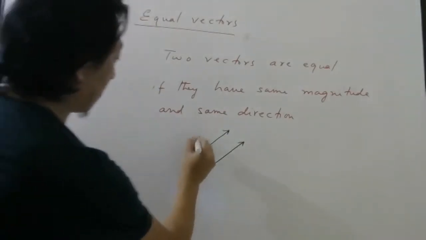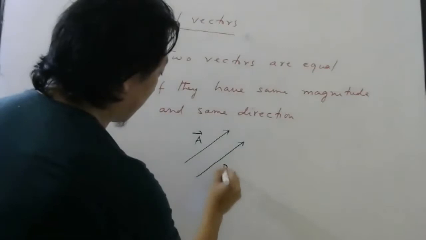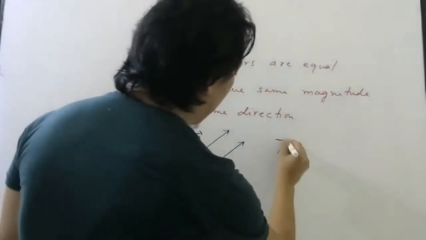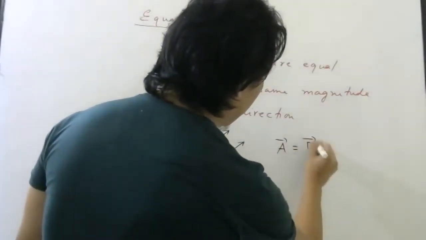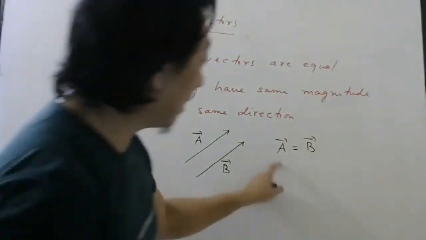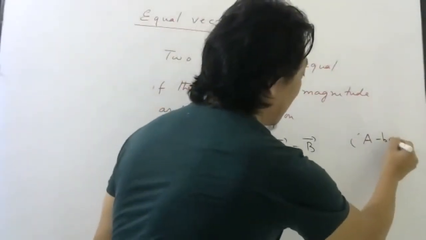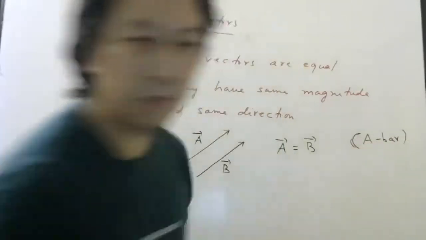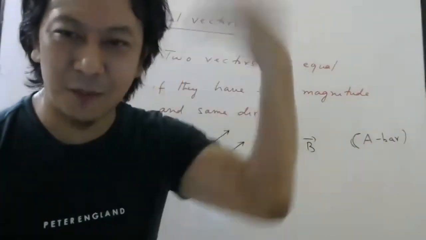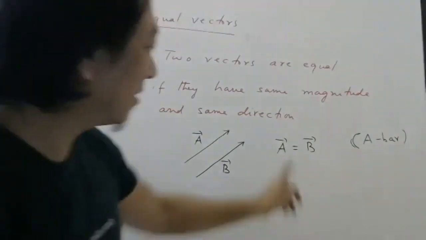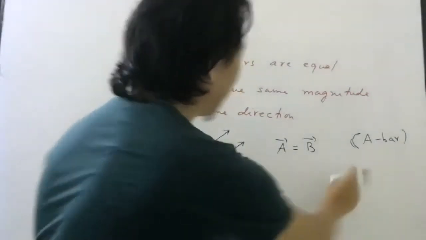So if this is A bar and this is B bar, then you can write A bar equal to B bar. While talking, we say A bar, but we write A with an arrow mark on top. So A bar equal to B bar.